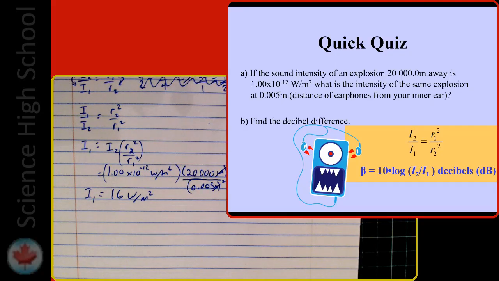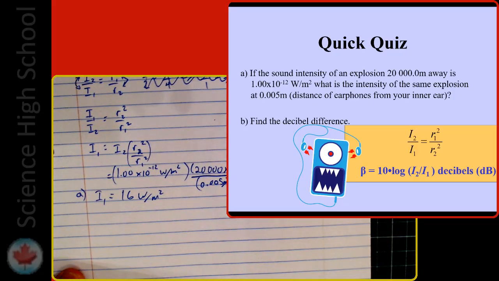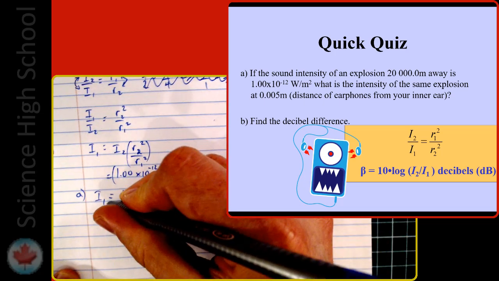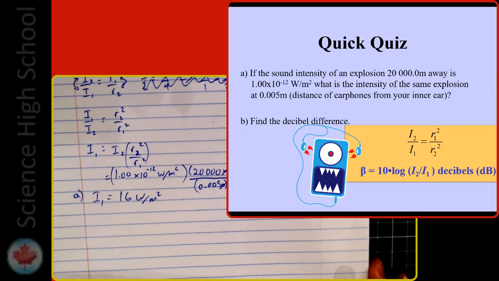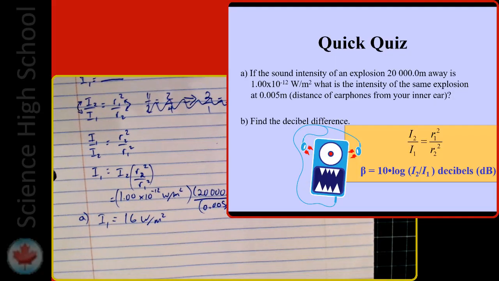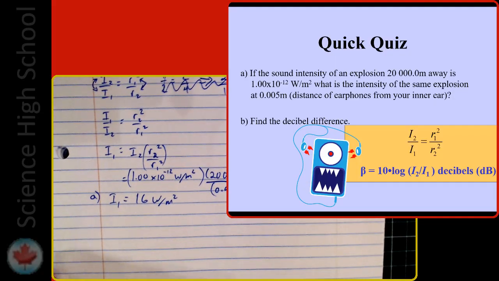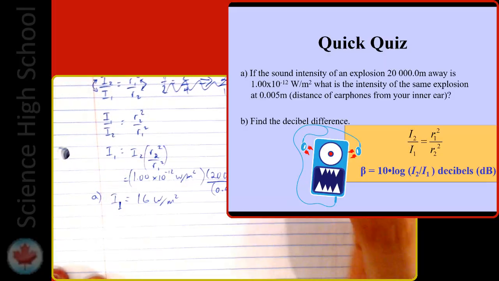Find the decibel difference is part B. So this was part A. Part B on my slideshow is find the decibel difference between this value here, I1, which is a big value, compared to I2, which was 1.00 times 10 to the negative 12 watts per meter squared. Yeah, I1.